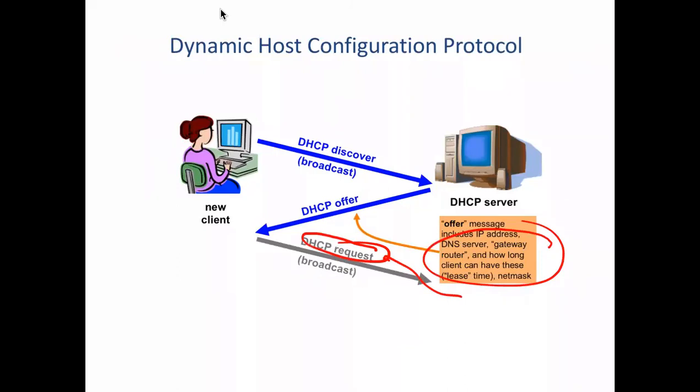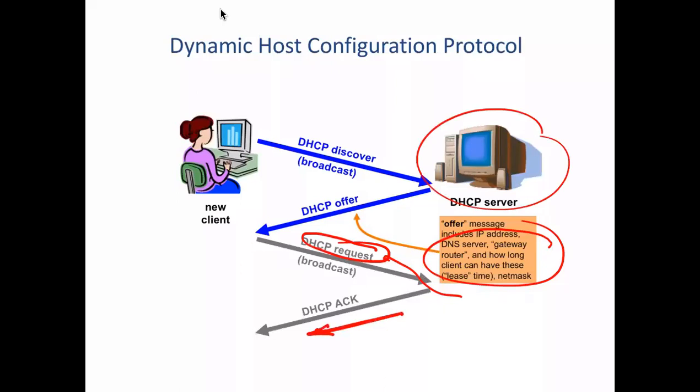So this machine will not reuse it for the lease period. All other DHCP servers whose offers have not been selected will understand it and can use those IP addresses that were offered for some other client. And the selected DHCP server will respond with an ACK message.